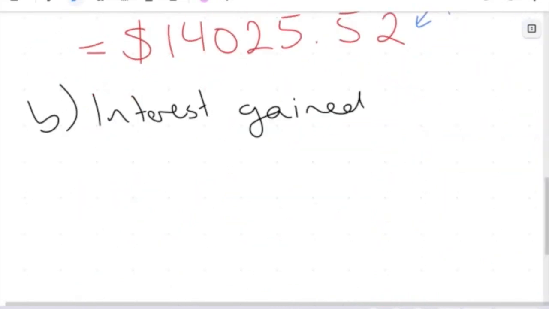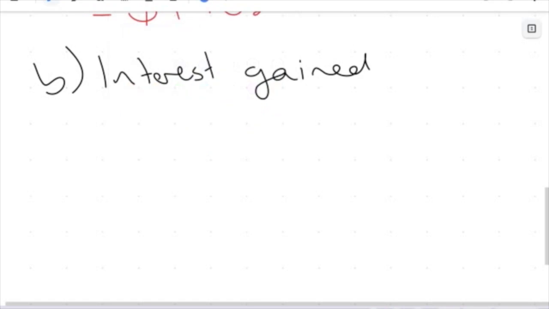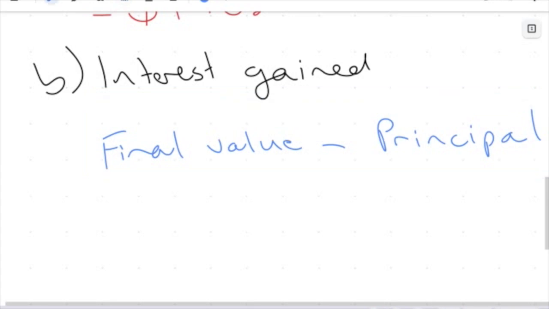So the interest gained is going to be the final value of the investment minus the principal, the original value of our investment. We can even make a formula out of it. We can say the interest equals the final value minus the principal.